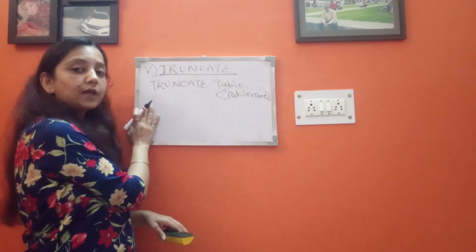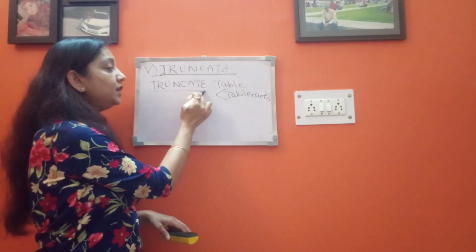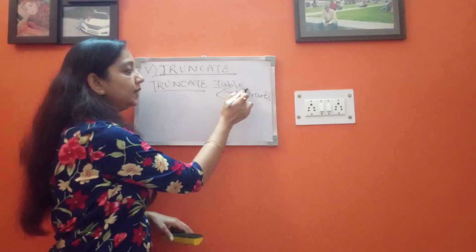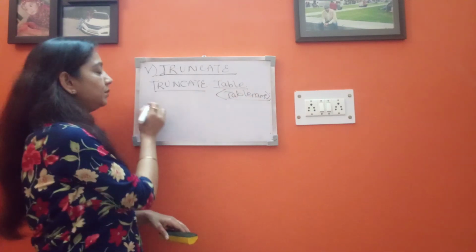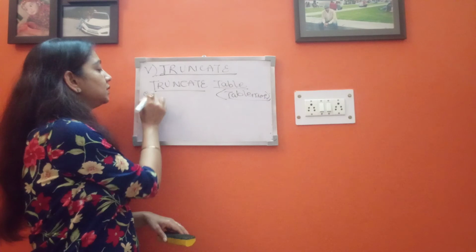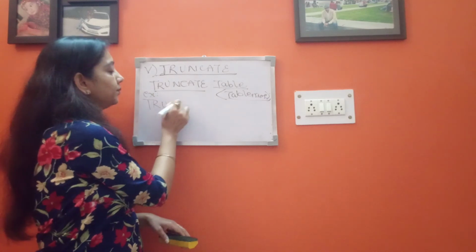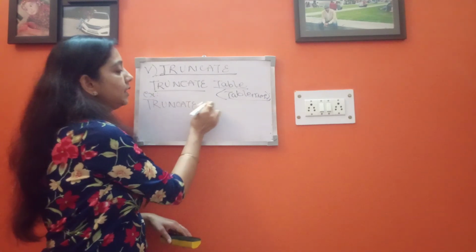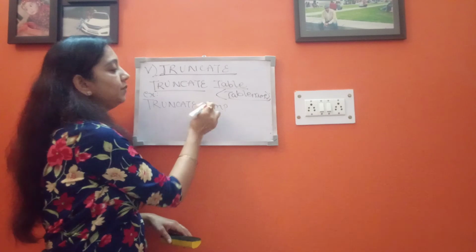So this is the syntax of the truncate command. I give the keyword truncate. What do I want to truncate? The table. And what is the name of the table? So an example here is truncate table. Now I have changed the table name to emp.